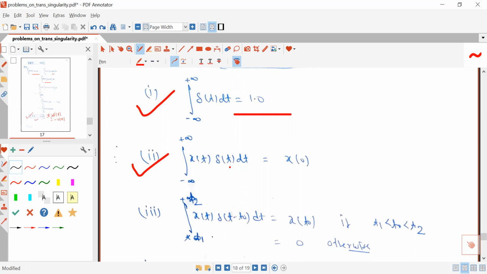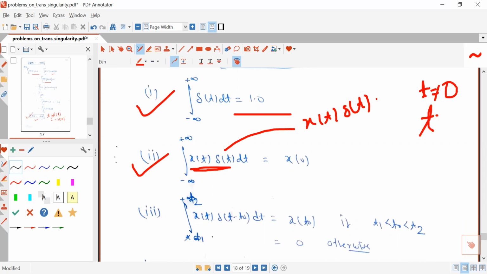What is the meaning of this product? Already you know the value of this product for all the values of t. If I'm asking you to determine this product, you can easily say, sir, this product will be 0 everywhere except at t equal to 0. Its value is known already to you all, because delta t is 0 everywhere except t equal to 0.